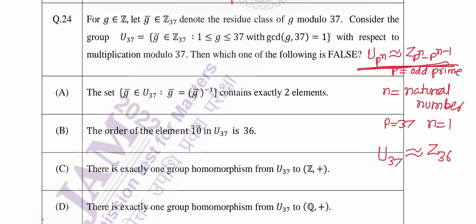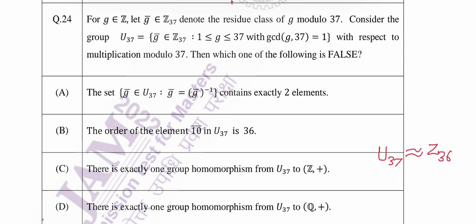The last written relation is most important for this question, so I erase the remaining parts. I will be using this relation for all the options, A, B, C or D.